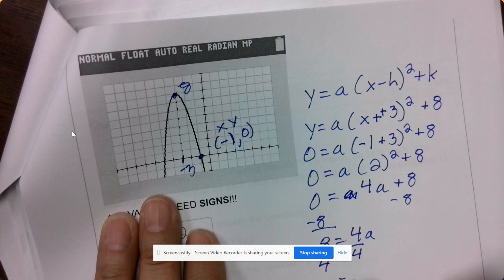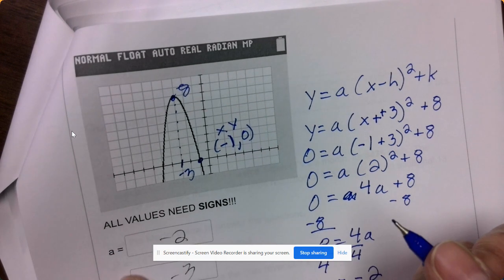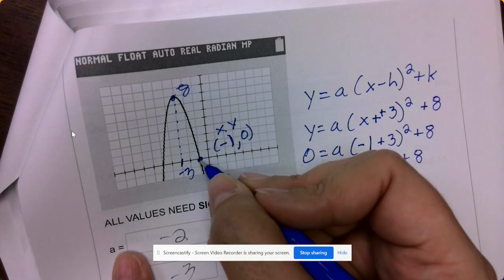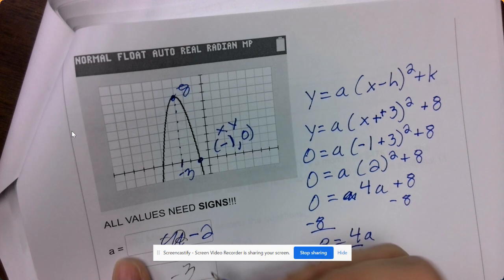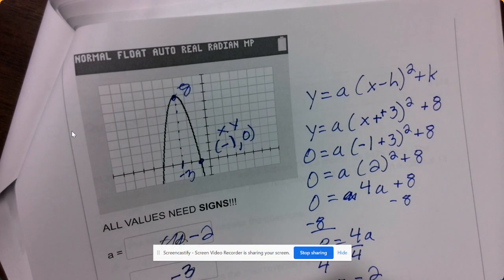So a is going to be negative 2. Okay, they all need signs, everybody. So a would be negative 2, h is going to be negative 3, and k is going to be plus 8.